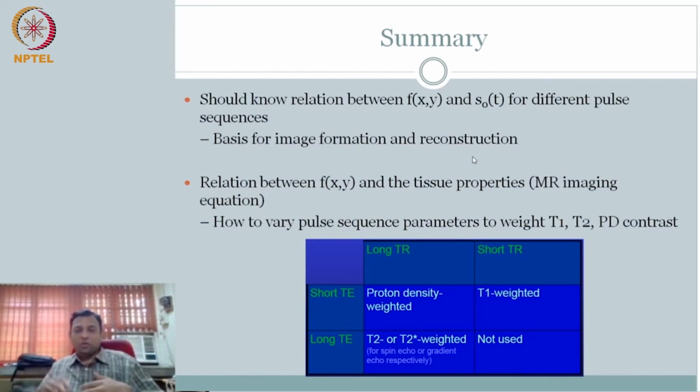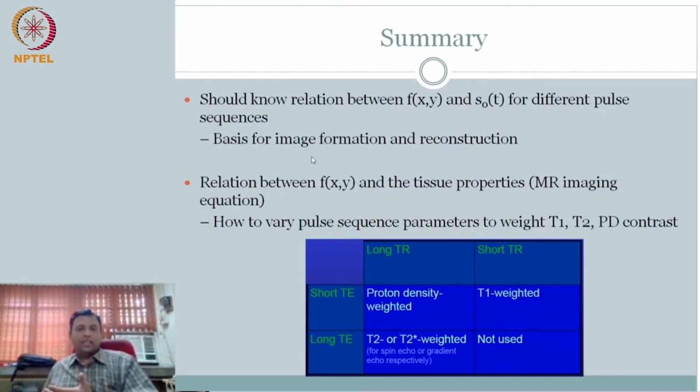So the more time you allow, the more frequency content you capture. You are actually capturing the Fourier transform of the object. F of xy is your object. You are measuring the Fourier transform of the object when you measure S0 of t.